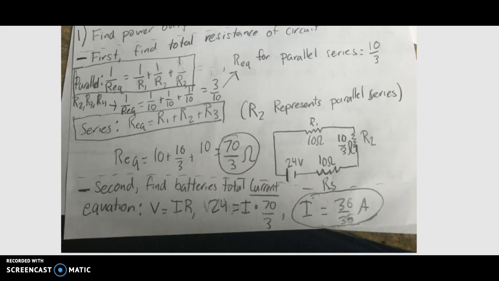So you have 24 volts, as we saw earlier, equal to the current times 70 over 3. The final current is going to equal 36 over 35 amps.